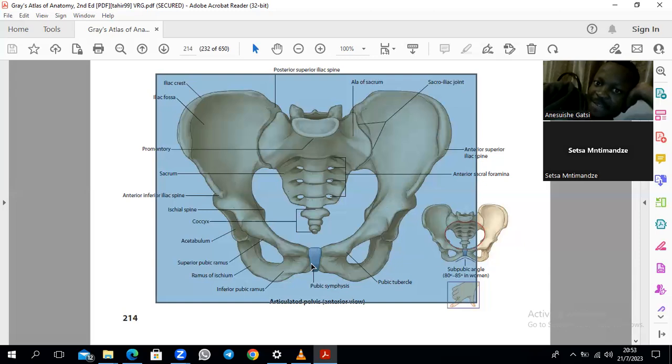Then below the pubic symphysis, there's an angle there, which we call the subpubic angle. This subpubic angle is wider in females, about 80 to 85 degrees, versus the male one, which is about 50 to 60 degrees.